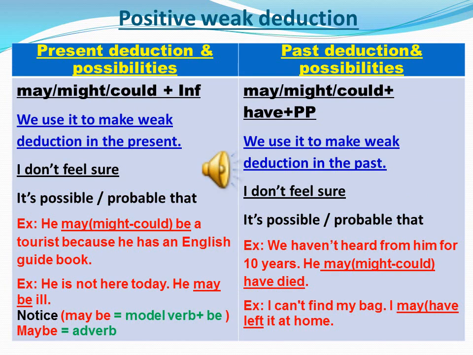Positive possibilities in the present and in the past. But here we can use these modal verbs may, might, and could with no difference. We can use them to make possibilities in the present if we put infinitive after them.